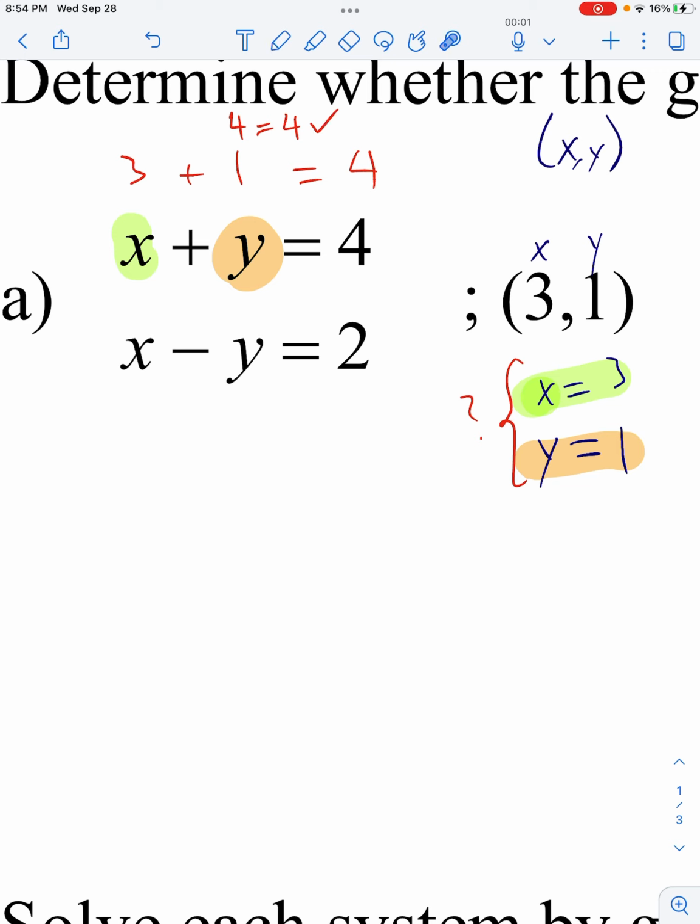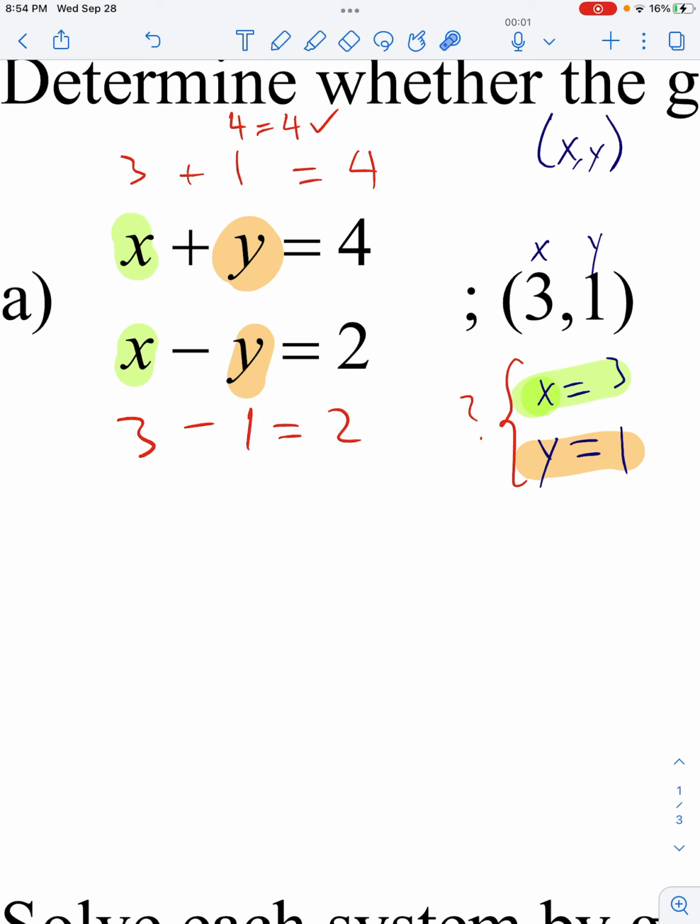All right, so my ordered pair solves the first equation. But in order to say that my ordered pair solves the entire system, I have to make sure it solves both equations. So let's check this bottom one now. Let's plug my x in for x and my y in for y. So plugging everything in, this is from chapter 1, we have 3 minus, what's my y? 1 equals 2.